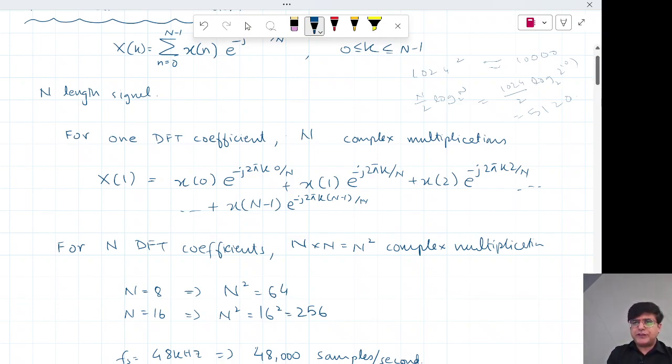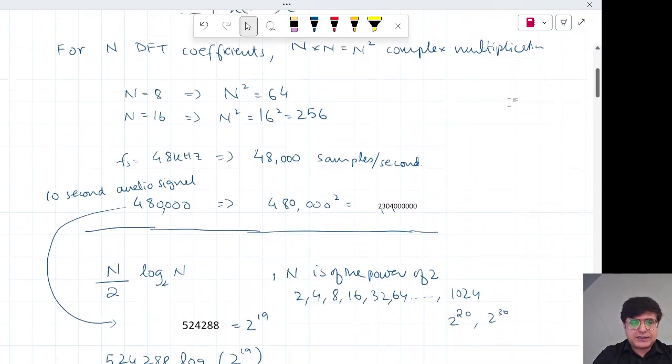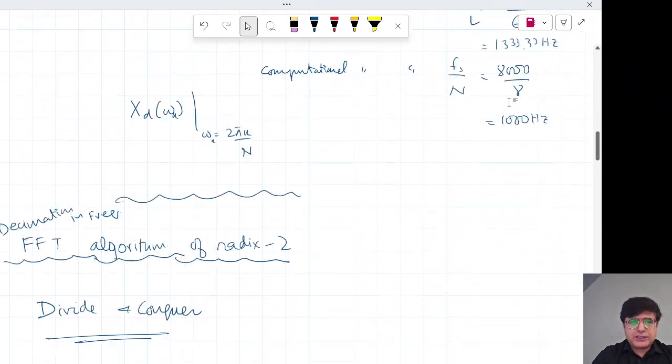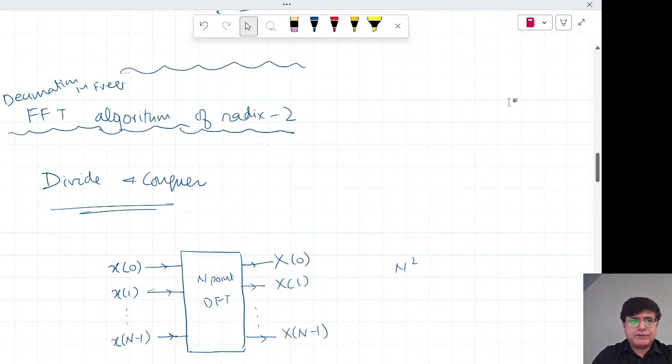So for that reason we need this FFT algorithm, to have a fast way to compute the discrete Fourier transform, right? We are going to discuss the decimation in time FFT algorithm of base 2.